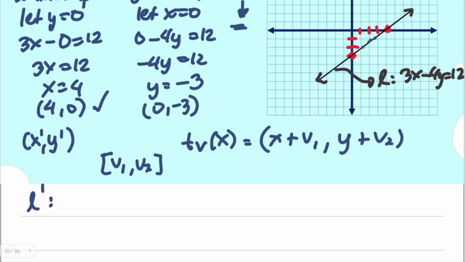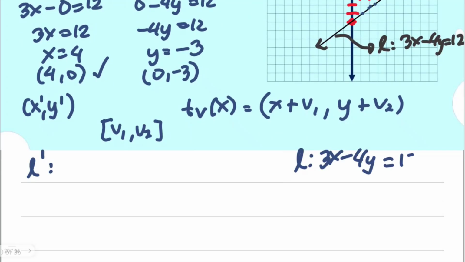Take note that our L is identified as 3x minus 4y equals 12.